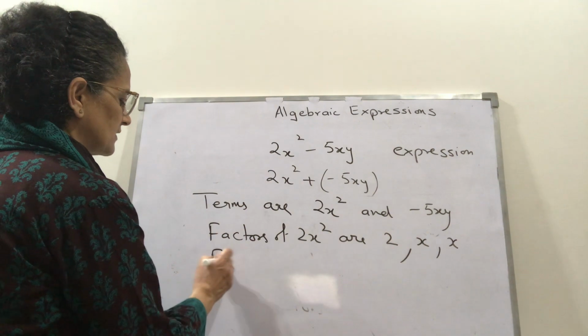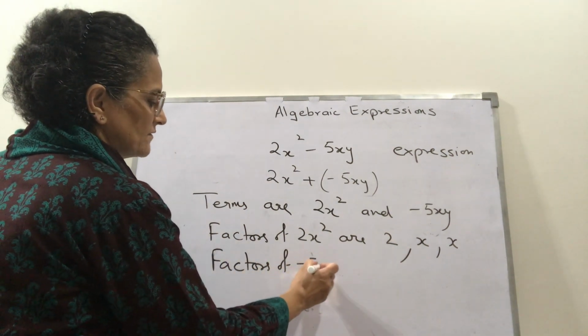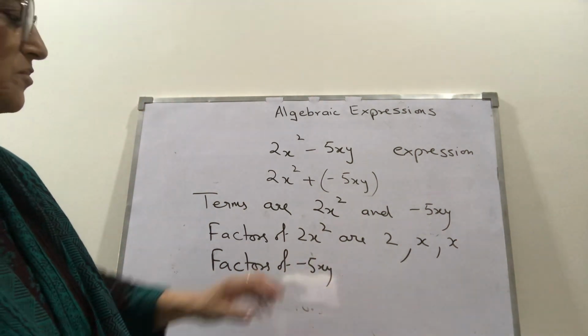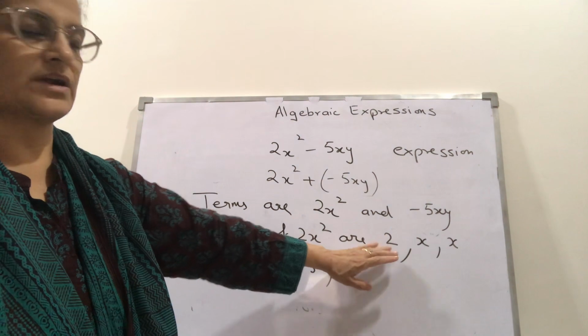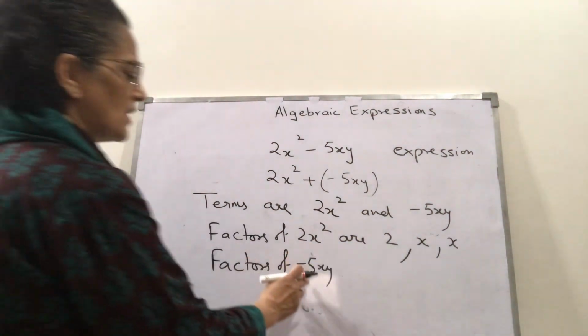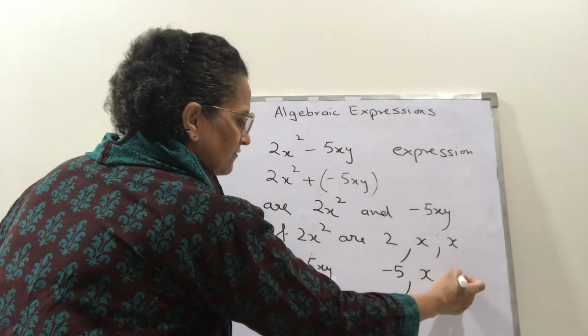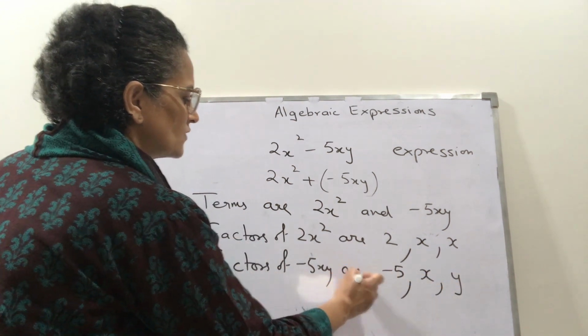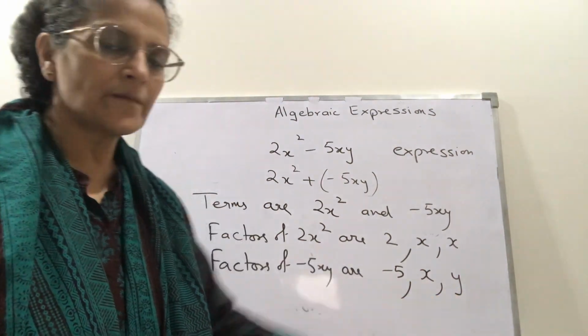Let's write factors of minus 5xy. So very clearly you should mention which term you are talking about and whose factors you are writing. So I separate out the number minus 5, x and y. So the factors of minus 5xy are minus 5, x and y.